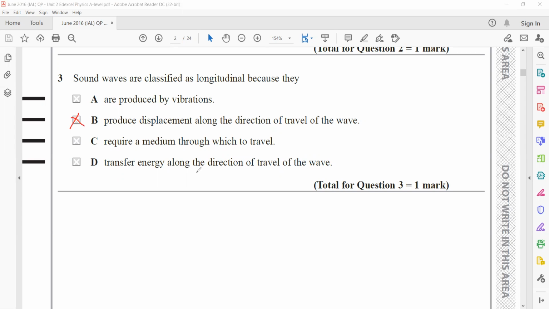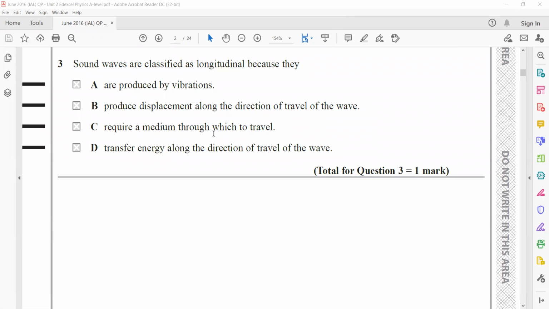It's not about the transfer of energy, because the energy transfer direction is considered the direction of the wave. So it's the vibration of the particles that produces displacement along the direction of travel of the wave.